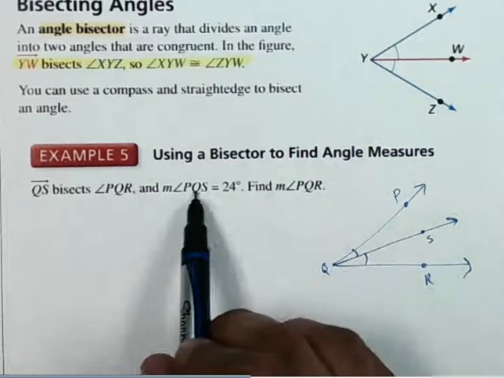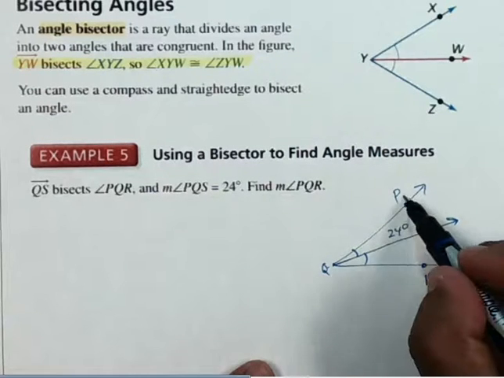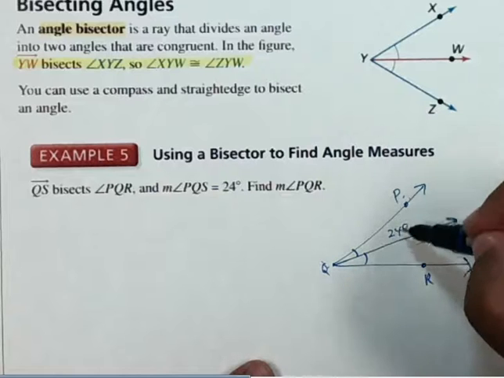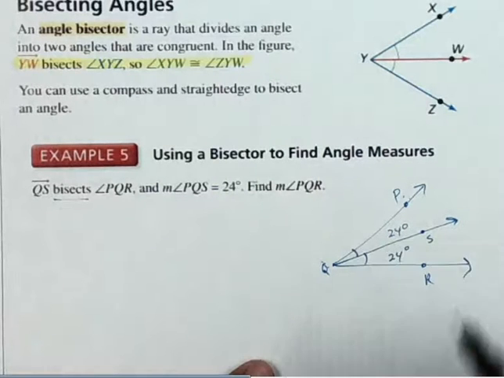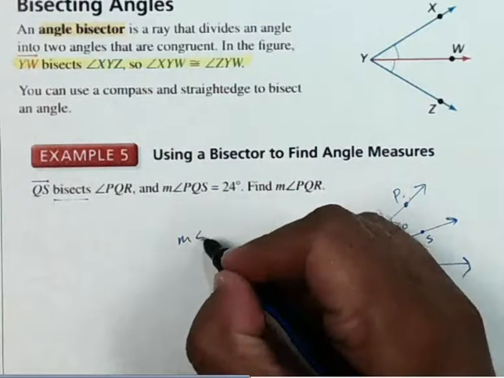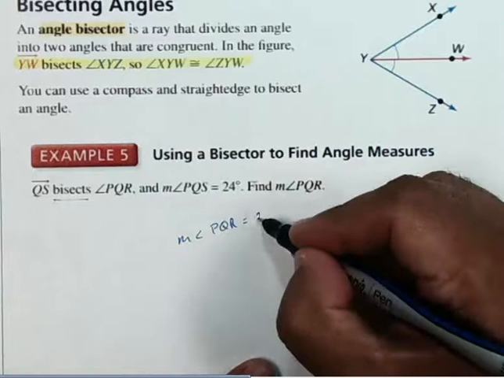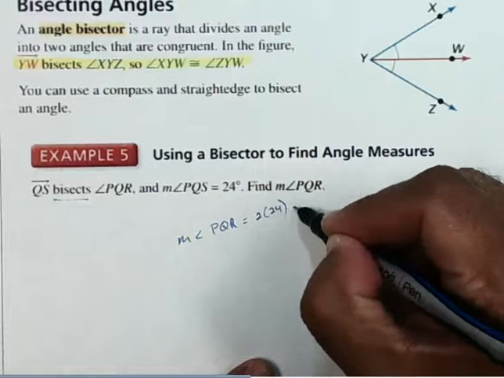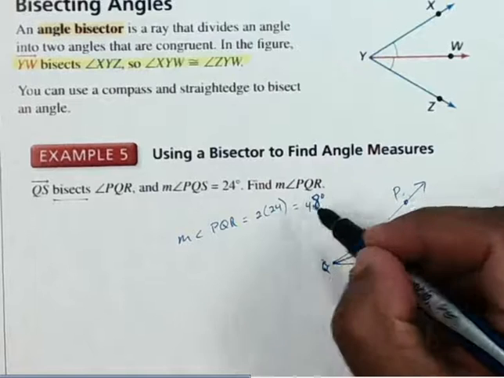Right, and I know that PQS is 24 degrees. I want to find PQR. Well, if this part is 24 degrees, because it's a bisector, that means this angle here is also 24 degrees. So if I want the measure of angle PQR, I would just double my measurement, so that would be 24 times 2, and that would be 48 degrees. Okay, that would be my answer.